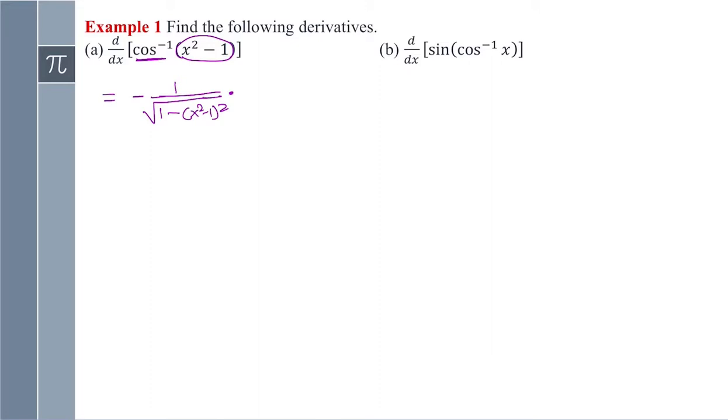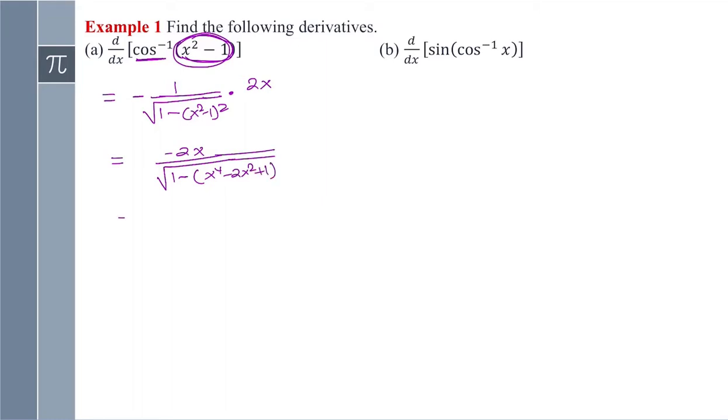Then using the chain rule, we need to multiply by the derivative of x squared minus 1, which is 2x. So that becomes negative 2x over the square root of, let's go ahead and expand this, 1 minus the quantity x squared minus 1 squared, which is x to the fourth minus 2x squared plus 1.